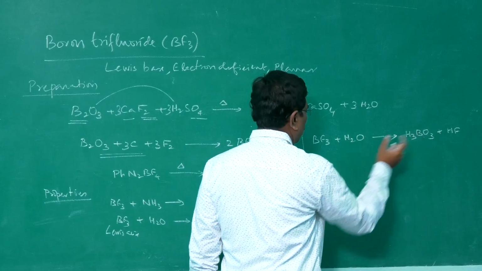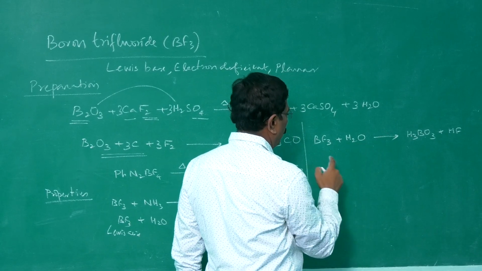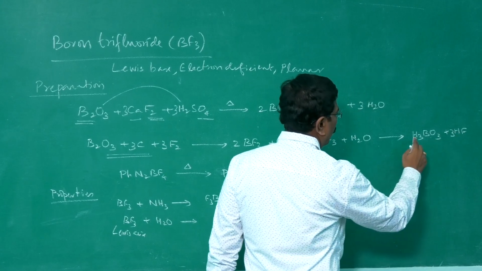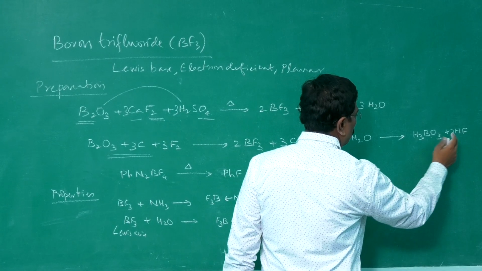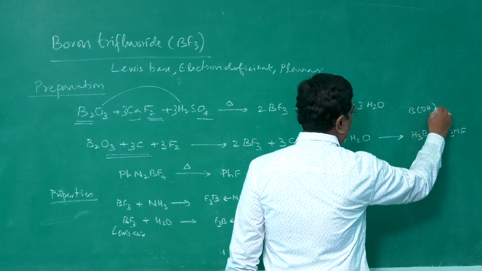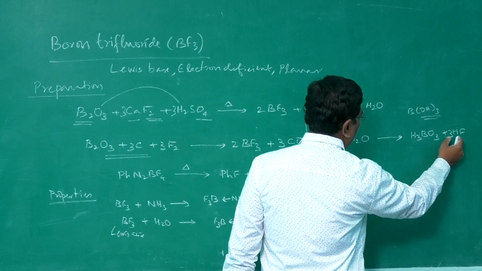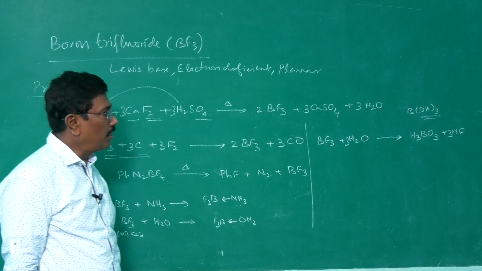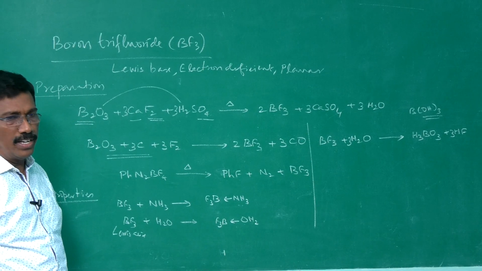Boron becomes boric acid, F3 becomes HF. 3 fluorine, therefore 3HF. We have 3 OH, 3 hydrogen. Boric acid means B(OH)3. We have 3 hydroxide groups here and 3 hydrogen, therefore 3H2O. Boron trifluoride reacts with water to form boric acid and hydrofluoric acid.